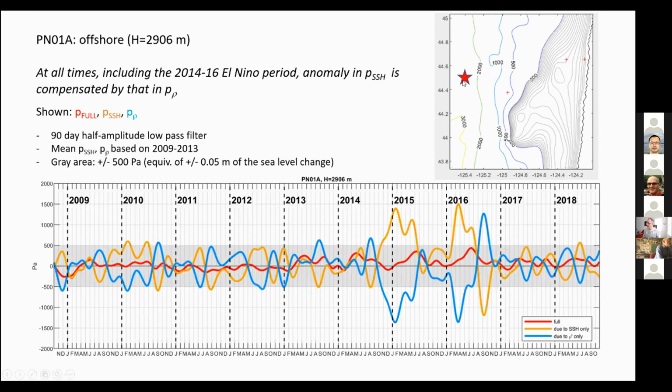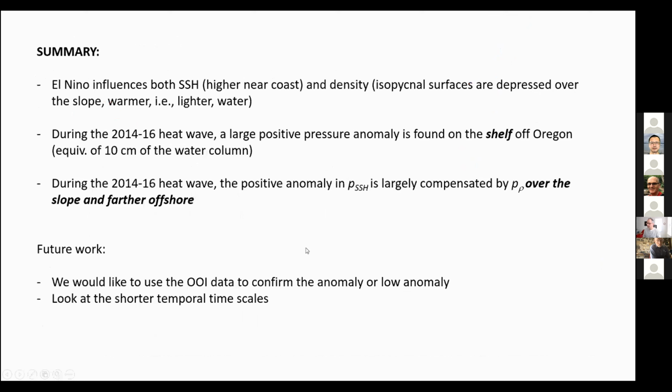And even if you go further offshore, you still have the same pattern. Whenever you have an anomaly in sea surface height, it's very well compensated in deep water by the density part, which is kind of a funny thing, right? I'll stop here and take a question, so you can read the summary.